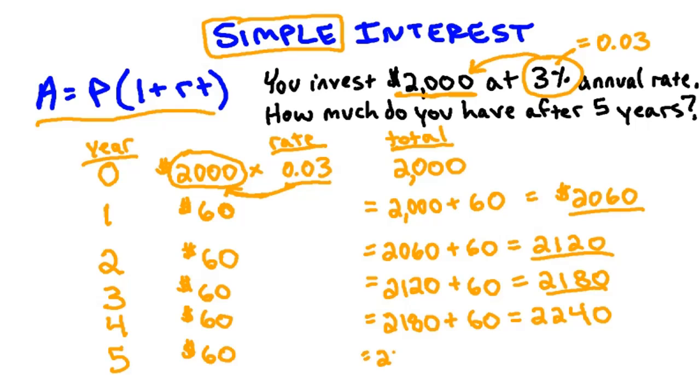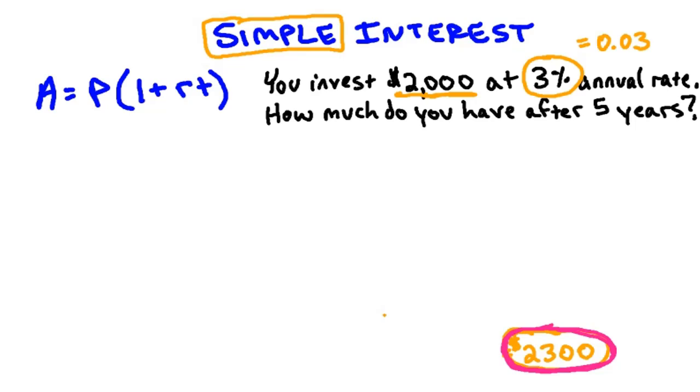So that's going to be $2,240 plus another $60, which is going to be $2,300. So your total after 5 years of simple interest of 3% of your initial principal, your $2,000, is going to be $2,300. So $2,300 is what you end up with after 5 years.